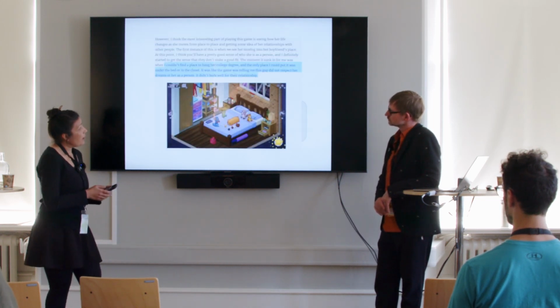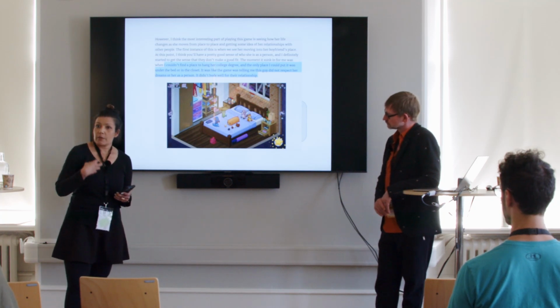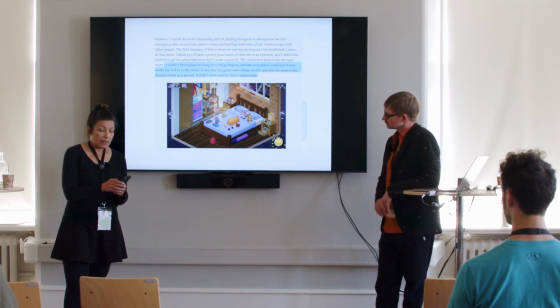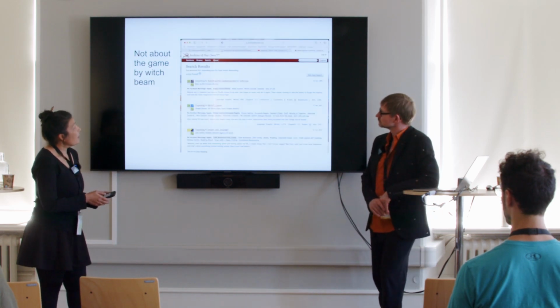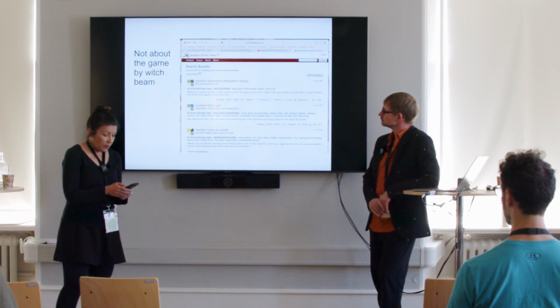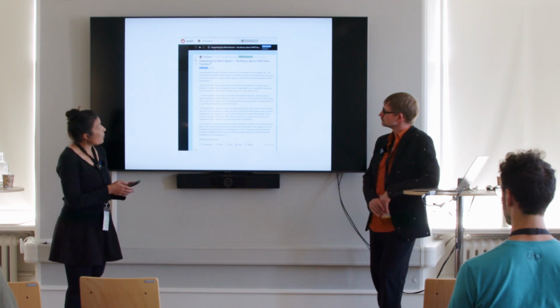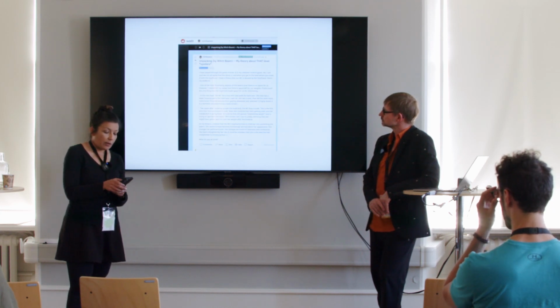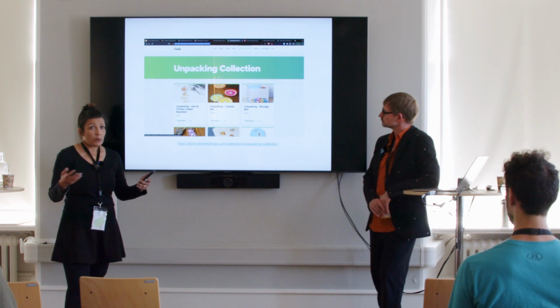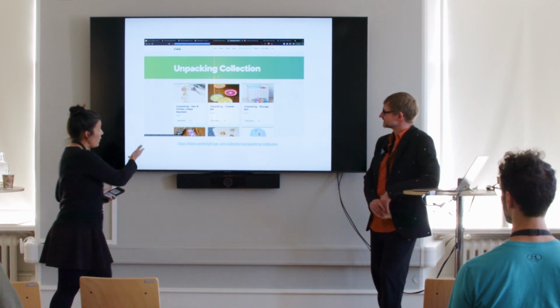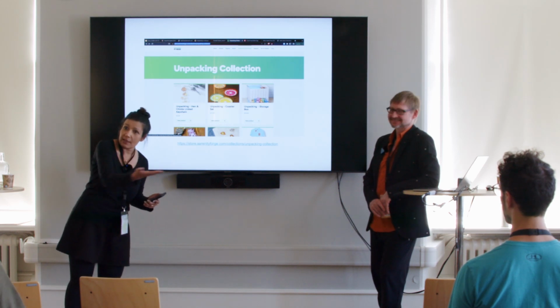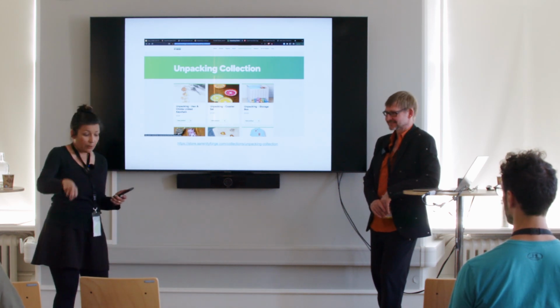For example, blogs where people wrote about their gameplay experience, what happened to them. Other types of retellings, lots of blogs with spoiler alerts. We also found lots of player-created swag for Unpacking that would actually exist if you wanted to have the same thing in your home.